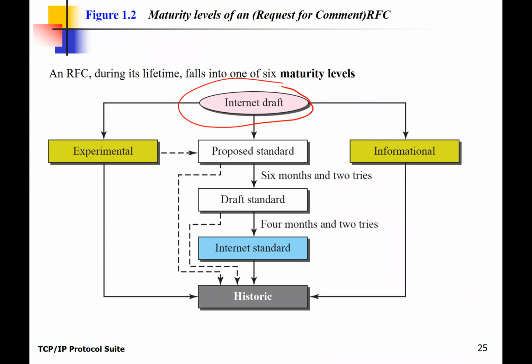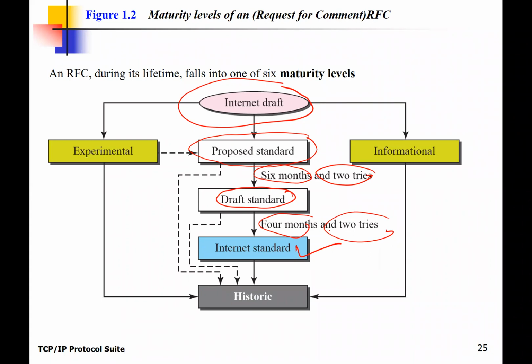So the first step, for example, is you propose it, then it takes 6 months and 2 tries. If that's passed, then it goes to a draft standard, and the same thing, it takes 4 months and 2 tries. Then if everything goes well, you will have an internet standard, correct?